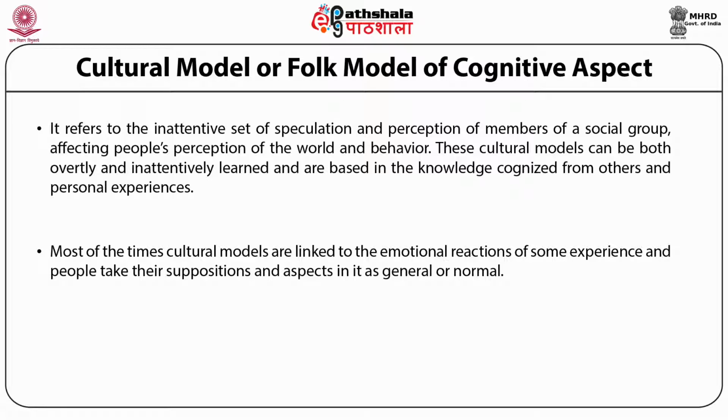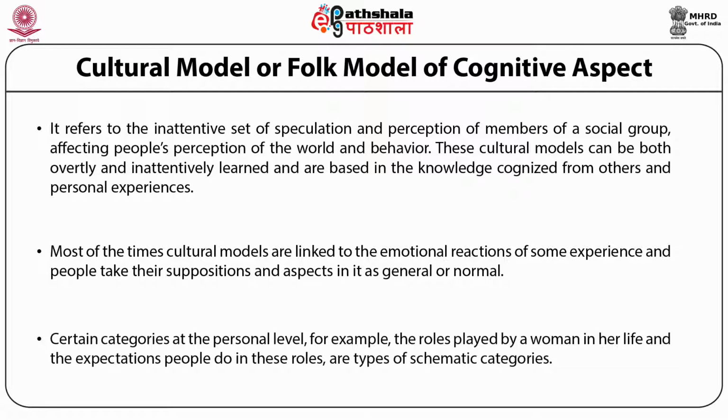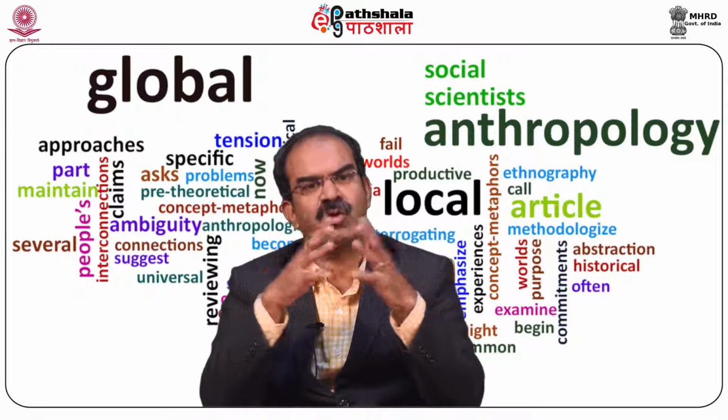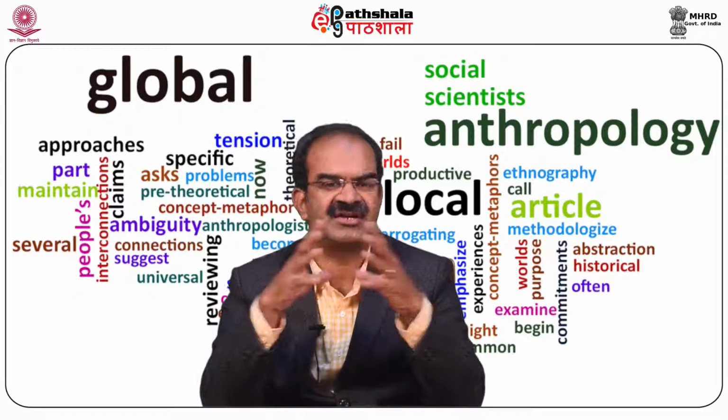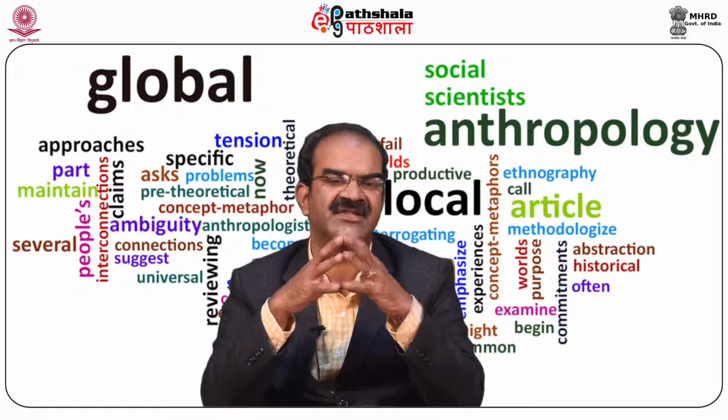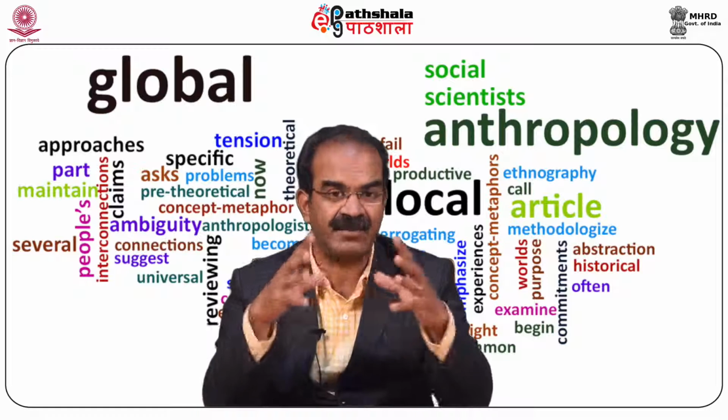We also have categories at a personal level, such as the roles played by a woman as a mother, sister, wife, and friend, and the kinds of expectations people have of this behavior, which are given as schematic categories.